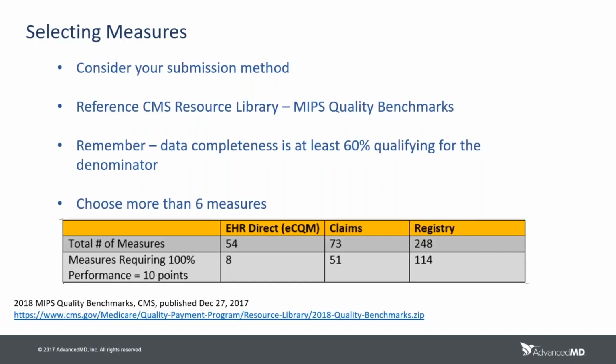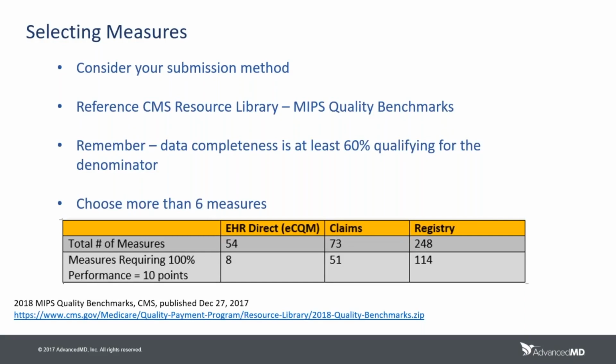And there are only 8 measures under the EHR that require 100% to earn 10 points. So in that previous slide, when we were talking about the BMI measure, at just over 80%, you get the decile point of 10 for that measure. So you don't have to always have 100% for a measure to get the 10 points for that measure.